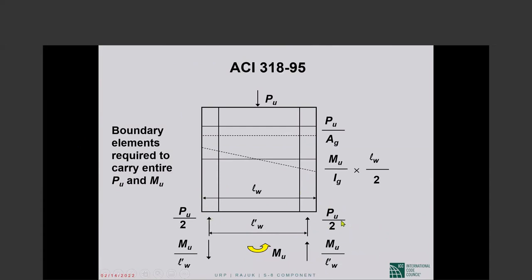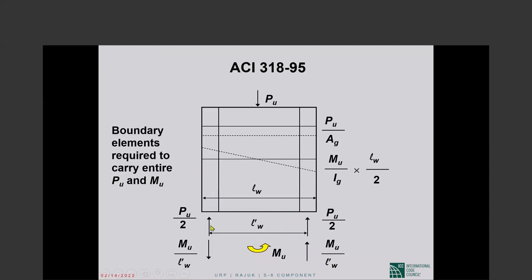Okay, so this column has to be designed for that compression. That column also has to be designed for that compression because earthquakes direction reverses. When the bending moment is in that direction, that column will be in compression under the overturning moment.